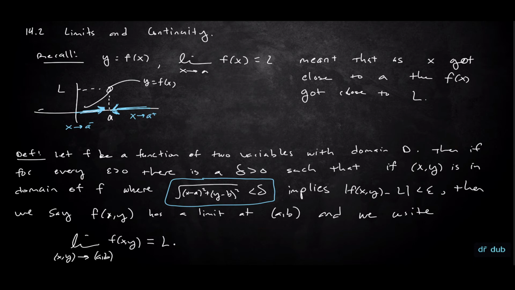So let me try to graphically represent this for you. In the xy domain, you have some point right here, a, b. So that's your point a, b. And over here you have your real line.